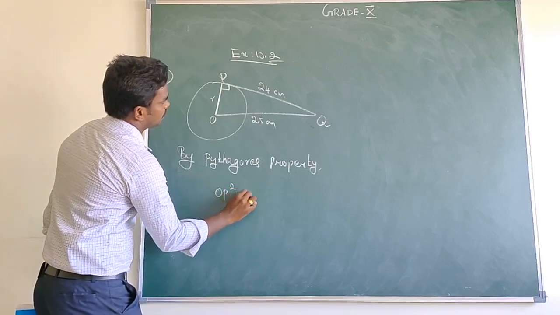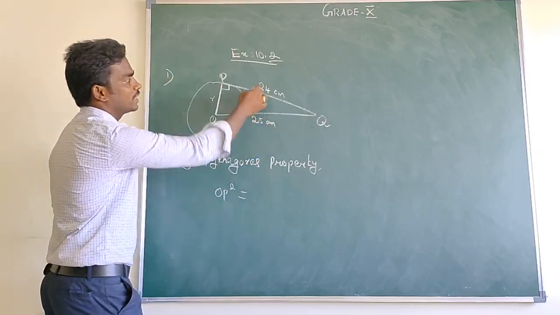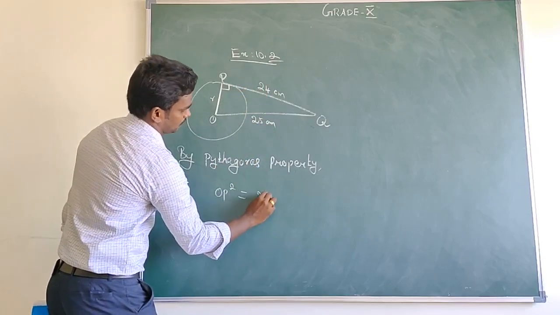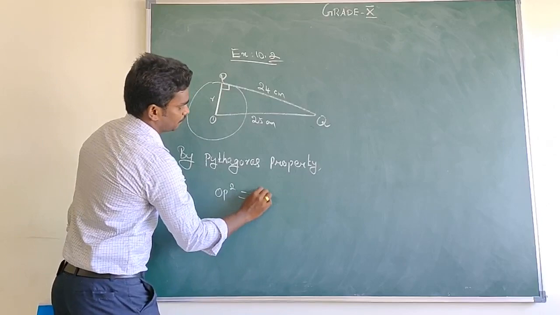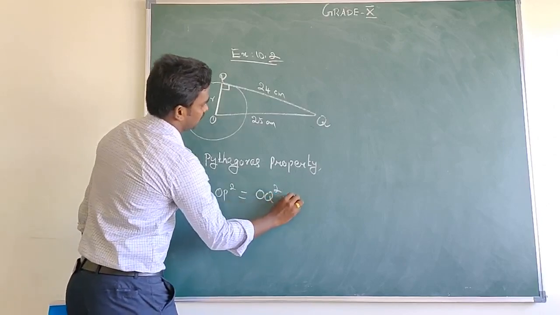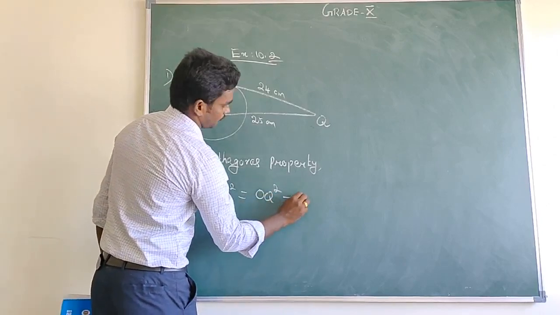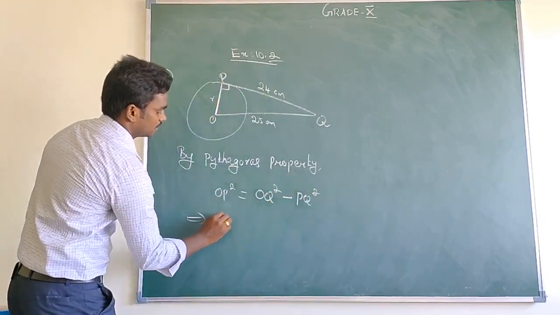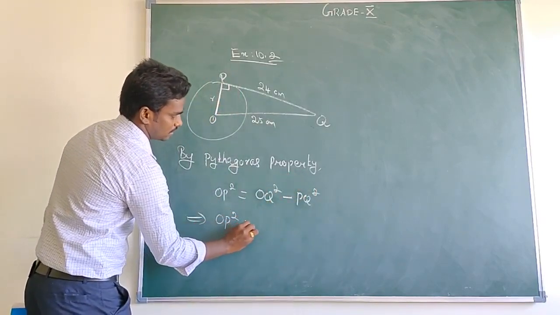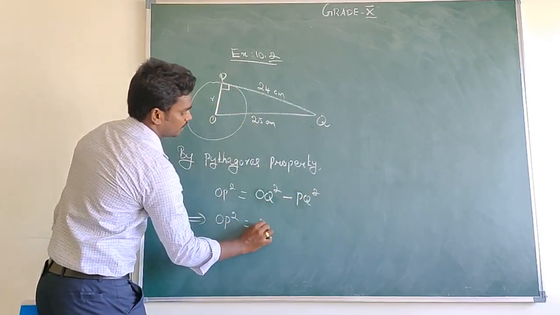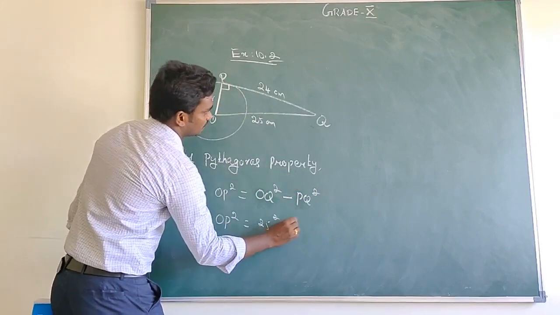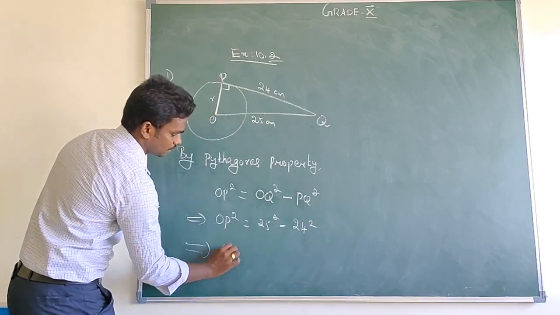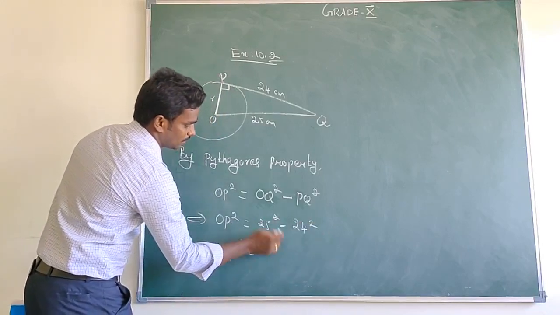OP square is equal to hypotenuse square minus the other side square, that means OQ square minus PQ square. So OP square is equal to 25 square minus 24 square.